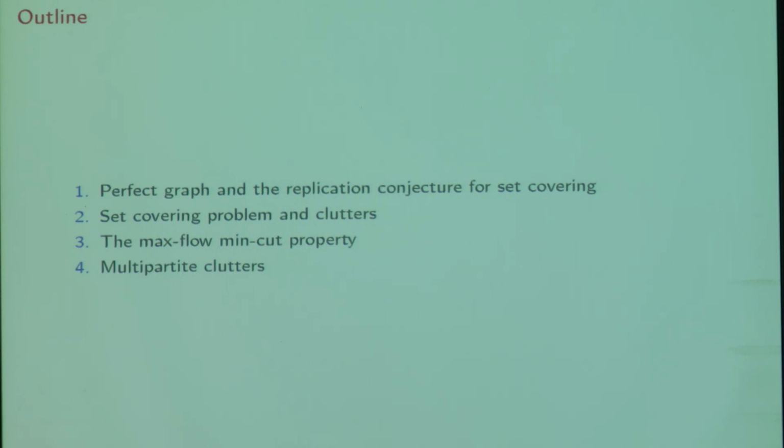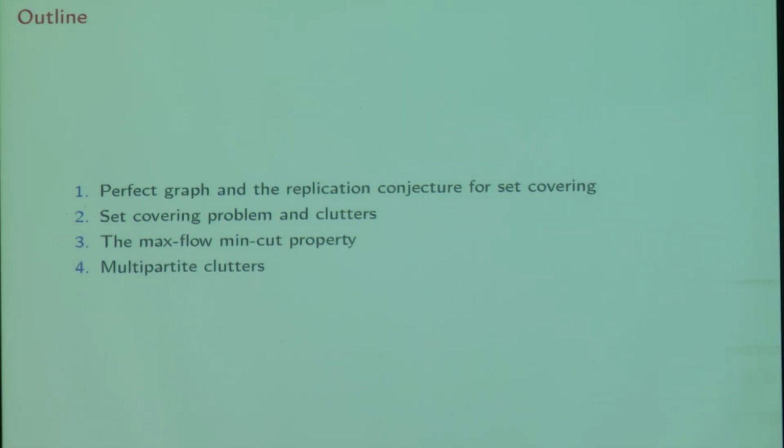The second topic is an attempt to generalize or extend this nice perfect graph theorem to the set covering problem. That's another big area, but the question is open there. I'll briefly mention it, and try to give a nice, easy overview from an integer programming perspective. The third one is related to the first two, and it is the max flow min cut property.